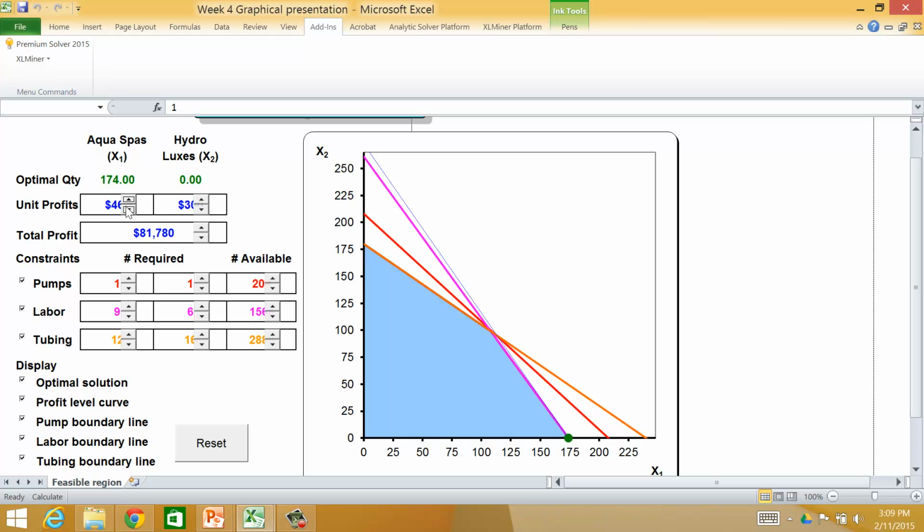If you look at this green point, which is the optimal solution, let's go back again and see when this moves. From 340 to 345 it didn't move. 350.